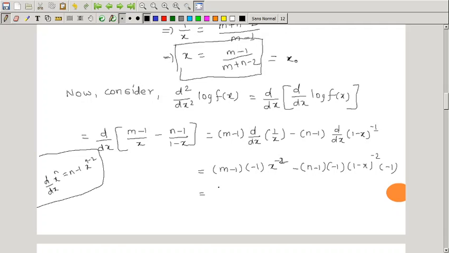So finally we get minus (m - 1) x raised to minus 2 minus (n - 1) (1 - x) raised to minus 2. Here this is minus 1, this is minus 1, so the minus sign is as it is here.